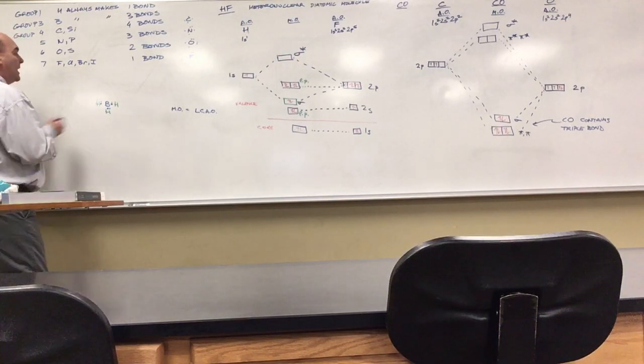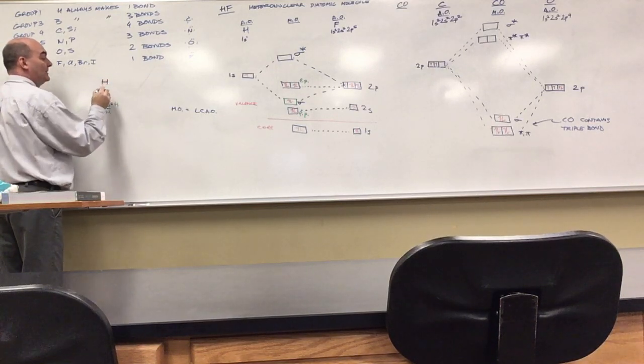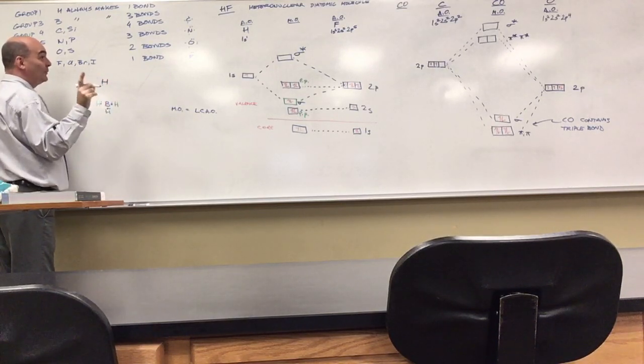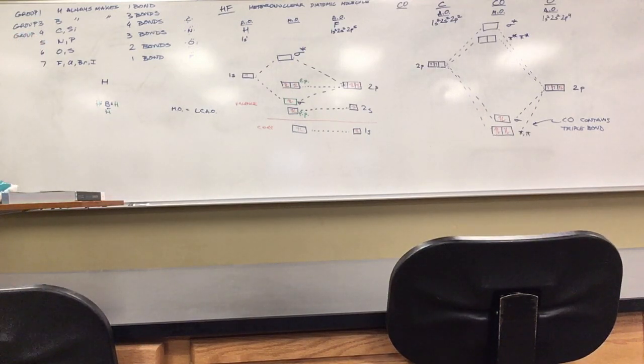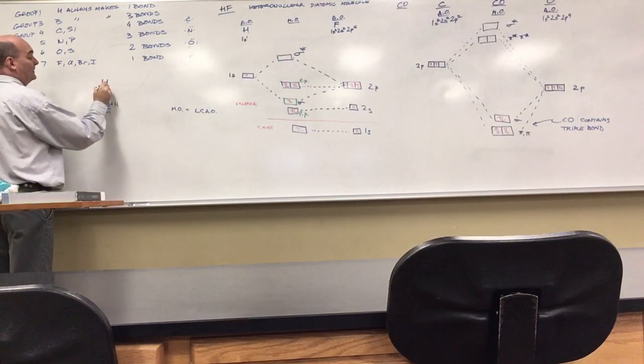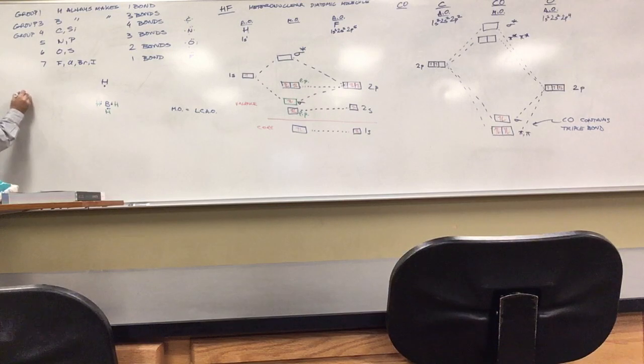Here's a hydrogen. Now here's something that we haven't seen yet. We saw it a little tiny bit in organic chemistry, but we certainly didn't see it in general chemistry. That's a hydrogen atom, okay? H, dot. It has no charge.